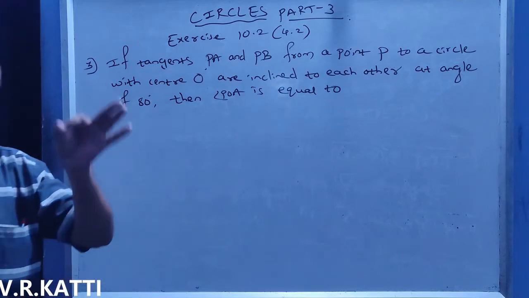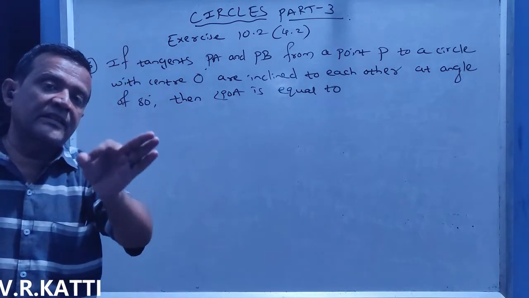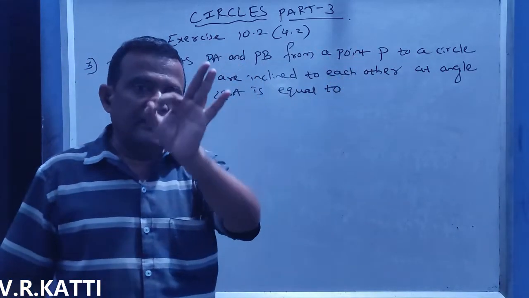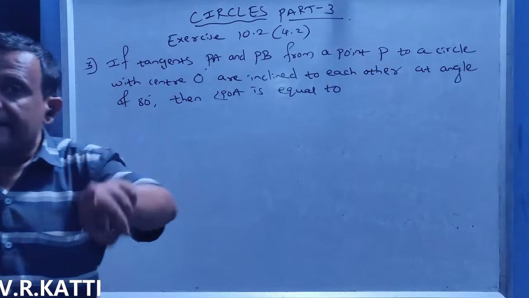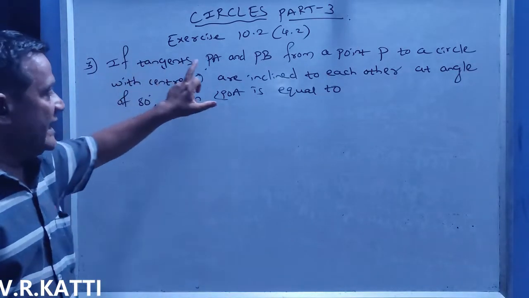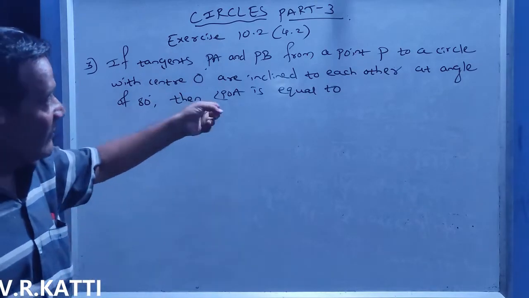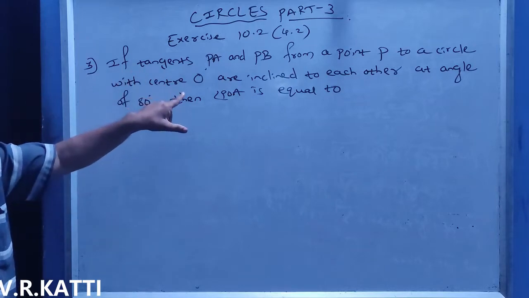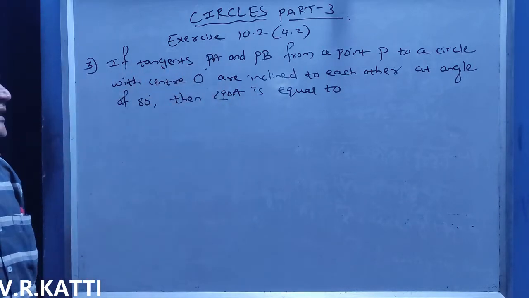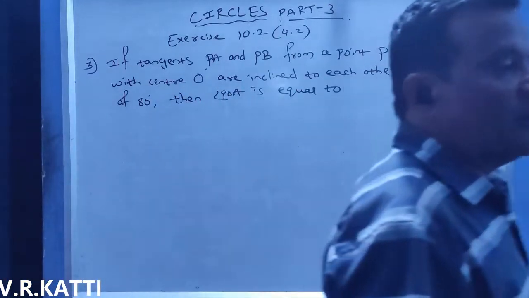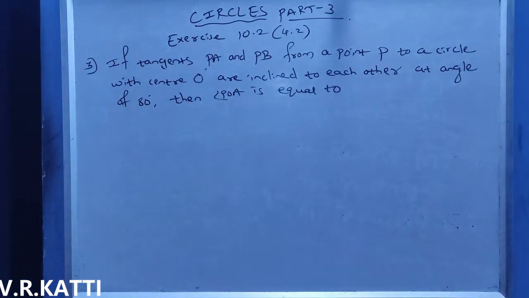If it is given at a point, then it is considered as a point of contact. So if tangents PA and PB from a point P to a circle with center O are inclined to each other at an angle of 80 degree, then angle POA is equal to.